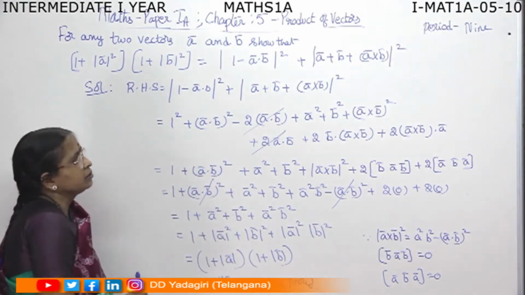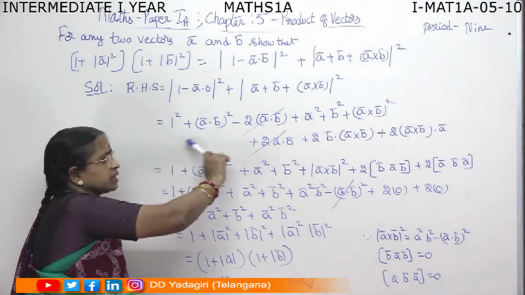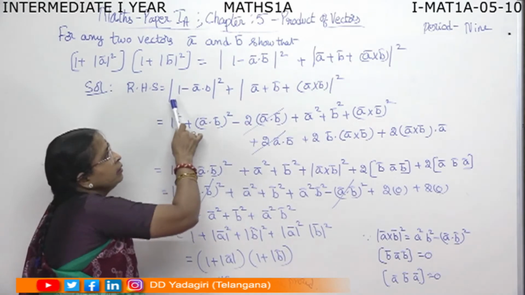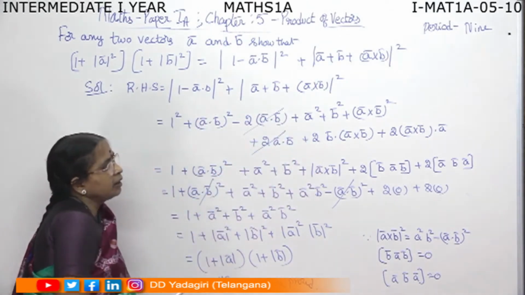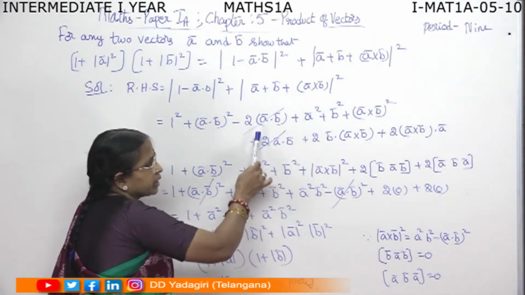So we do it like this. The points you have to remember: it is direct expansion, the A minus B whole square formula, the A plus B plus C whole square formula. Here the first two get cancelled.